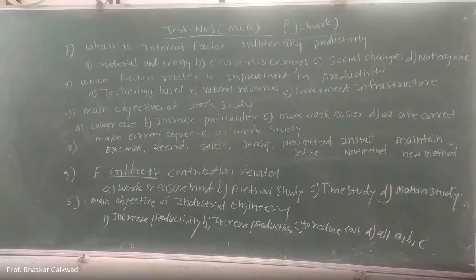The objective is to reduce cost and increase production and productivity, the same as the objectives of industrial engineering. So this much we have covered in this chapter, unit number one. This is the summary of unit number one.